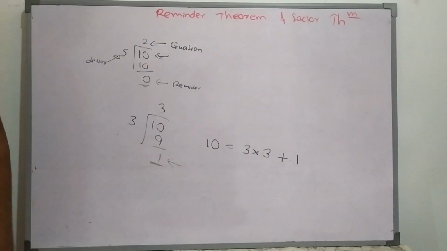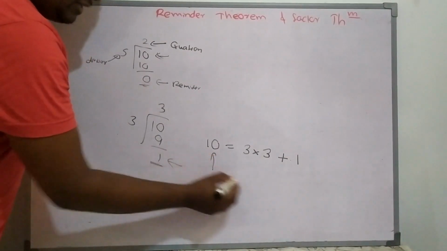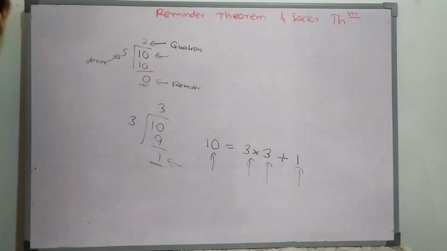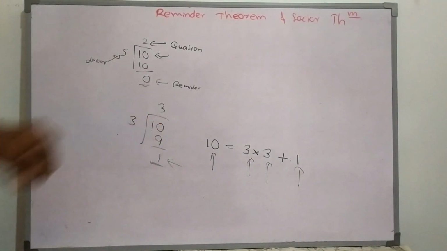So this is our function, this is our divisor, this is our quotient, this is our remainder, right? Likewise we can represent the value using the divisor, the quotient and the remainder.